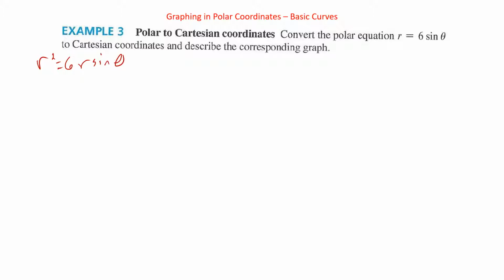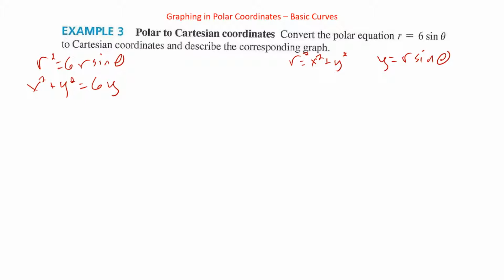Well, remember that r squared equals x squared plus y squared, and y equals r sine theta, so we can substitute those in. Instead of r squared, x squared plus y squared equals 6 times r sine theta, which is just y. So we have x squared plus y squared equals 6y.